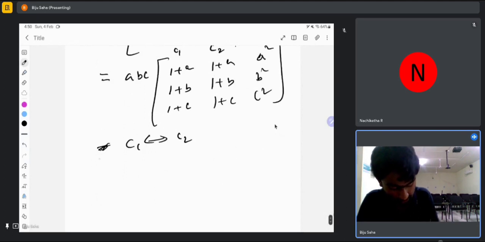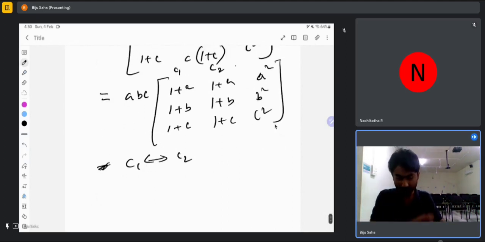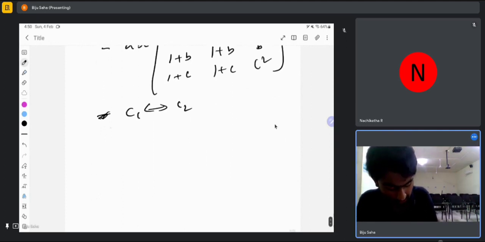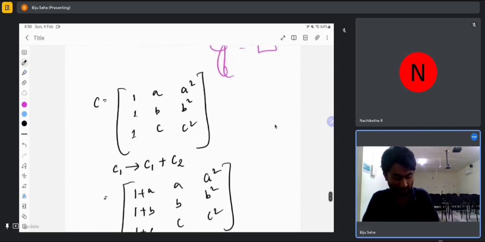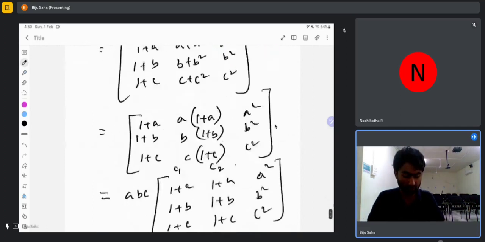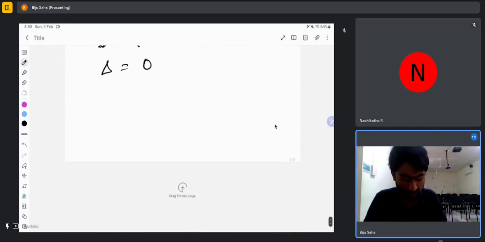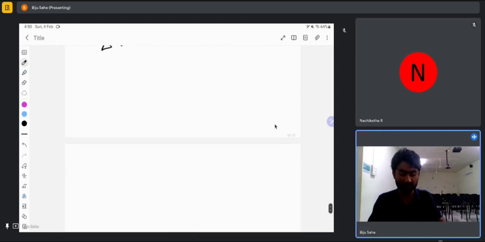So since I already said that if two rows or two columns become identical, the determinant of the matrix given by this particular form turns out to be 0. So that is what the determinant properties are about.